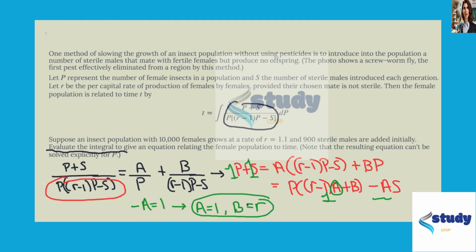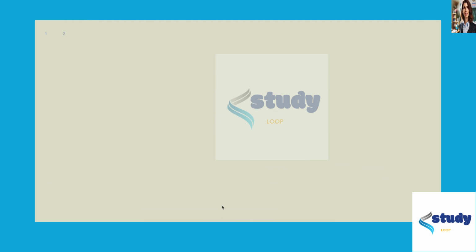Let's plug in these values for A and B into our partial fraction decomposition, and then we'll integrate this instead of the original. So going ahead and plugging those in. And then let's go ahead and evaluate these.